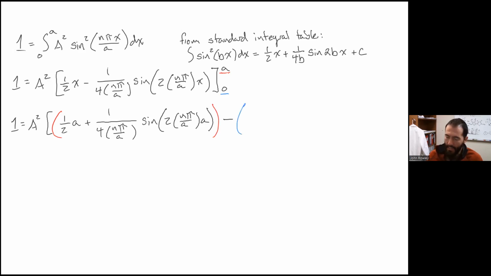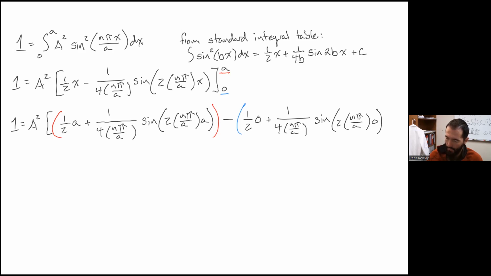Now I'm going to write out the second term, the final minus the initial. The initial term where all the x's are substituted with zeros. So that's 1/2 times 0 minus 1 over 4 n pi over a sine 2 n pi over a, and here's my x, which is now a 0 for this term.